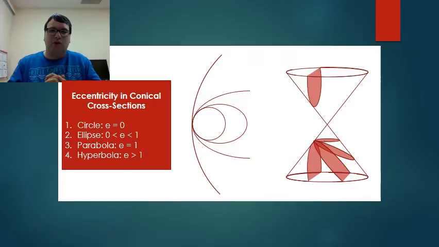It's not enough to trap the object into an orbit around a gravitational source. So hyperbolas have an eccentricity of greater than 1. When we're looking at these conic sections, it helps to understand the background of where these orbits really fit in with regards to the geometry.